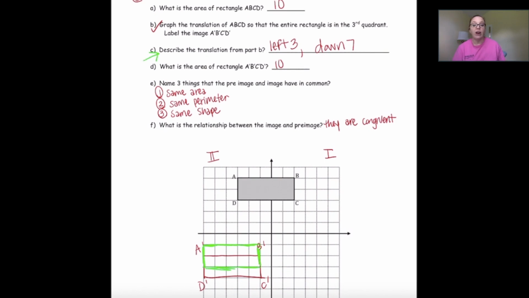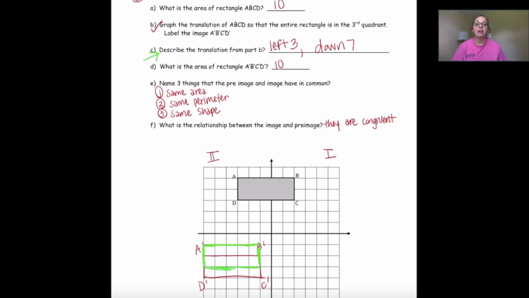But if you translated your rectangle the same as mine, I moved left 3 and then down 7. But regardless of where you put your rectangle, rectangle A prime, B prime, C prime, D prime is going to have the same area, 10 square units, as rectangle ABCD.